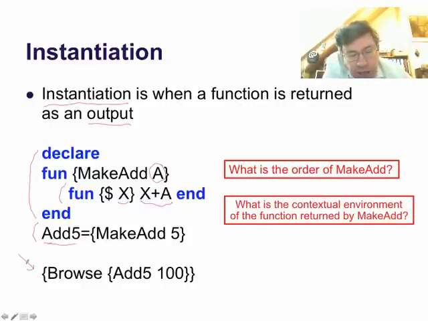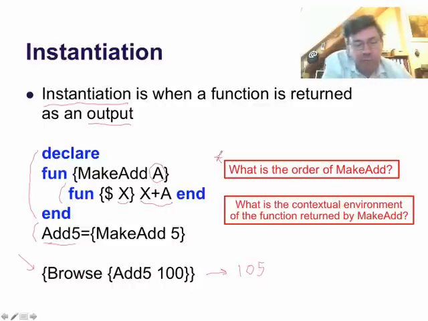So calling add5 of 100 will display 105. Notice this is instantiation. Notice that if you know object-oriented programming, you can start feeling the connection here between classes and their instances. Well, this connection is actually very strong, as we'll see later.